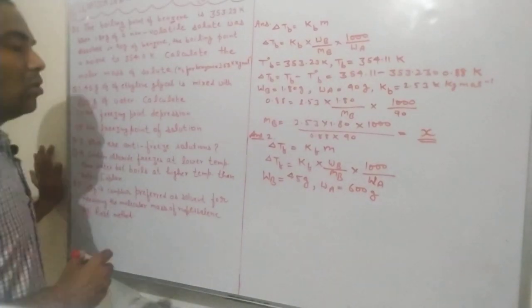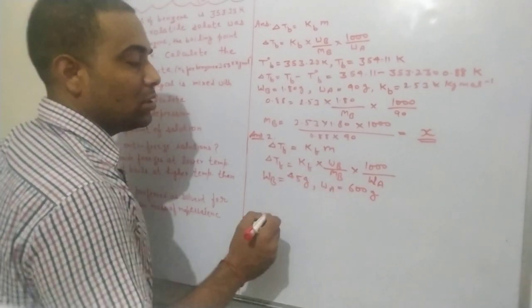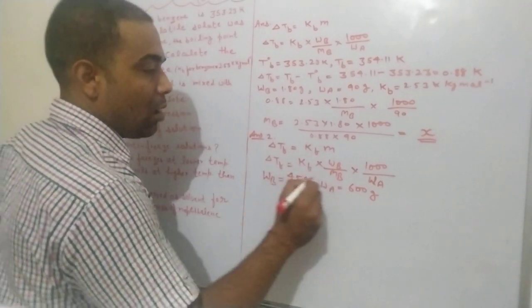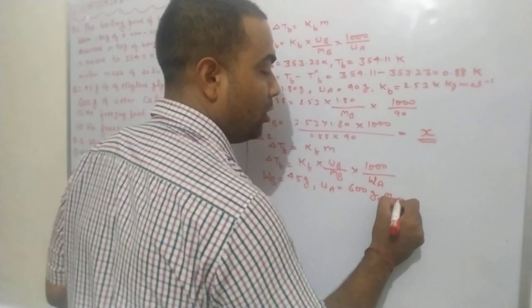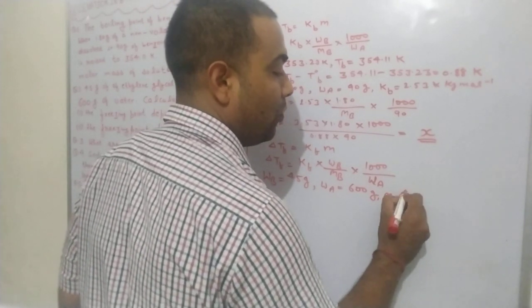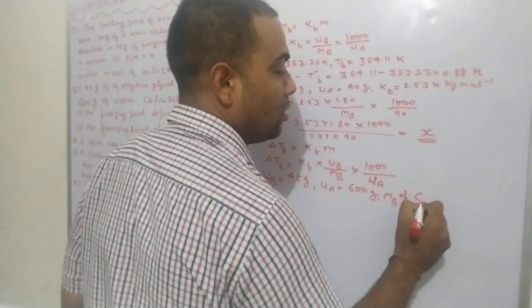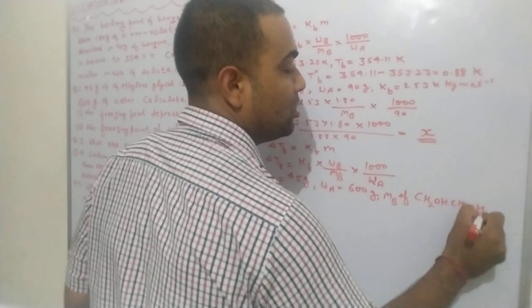Now what is the value of Mb, the molar mass of solute? How can we calculate the molar mass of solute, Mb, that is ethylene glycol? Ethylene glycol has the formula CH2OH, CH2OH.